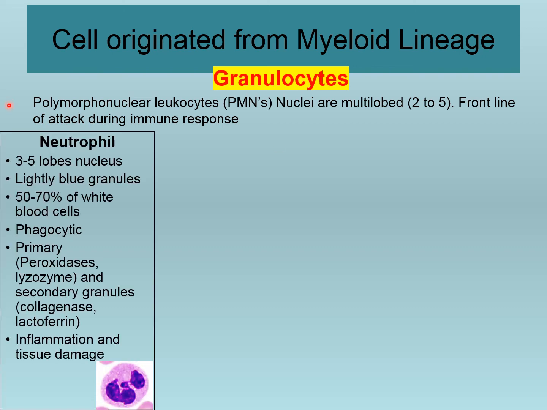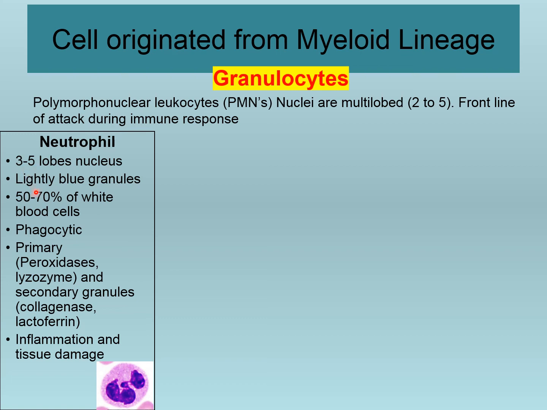The first type we're going to discuss are neutrophils. These neutrophils have granules within the cytoplasm which are stained by both acidic and basic dye. That's why they are named neutrophils. The nucleus has lobes which may be 3 to 5, and these lobes are connected by threads.